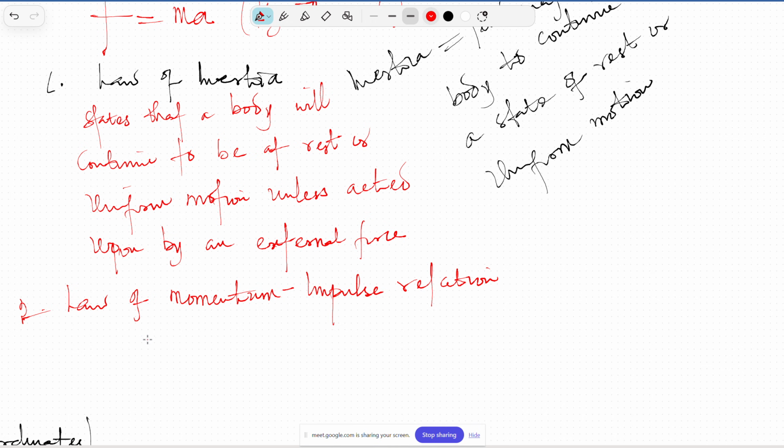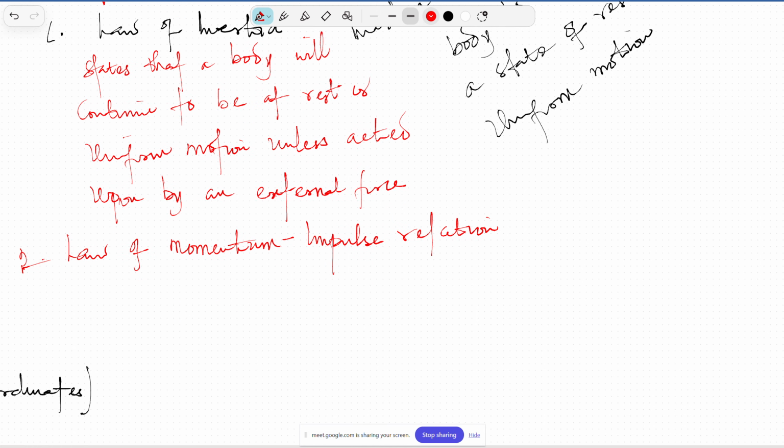What does that state? The force that tends to cause the motion of a body is directly proportional to the rate of change of the velocity.